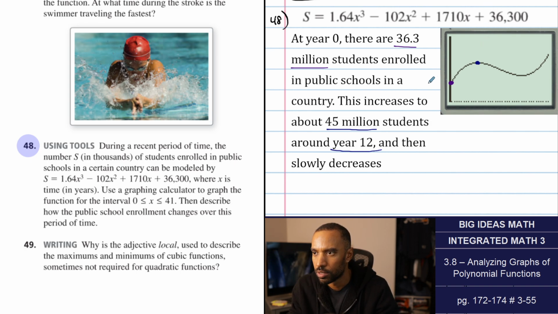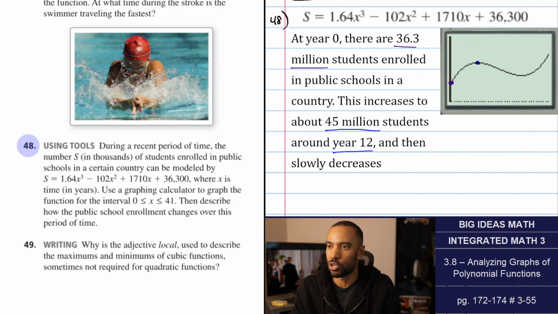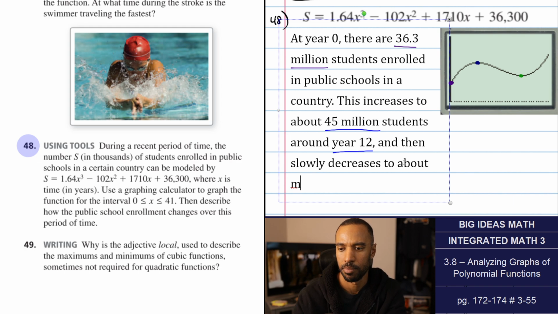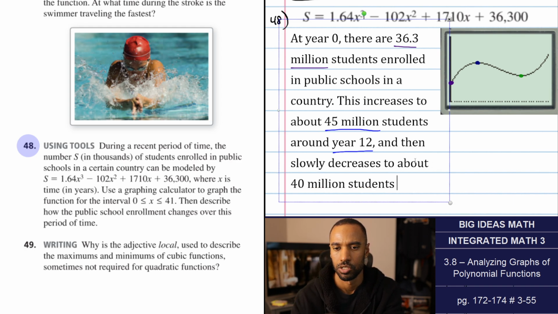So 45 million around year 12. Are those blue? Those are blue. And then slowly decreases, let's do green, to this minimum. Let me find that one. The minimum is about 40 million students by year 30.